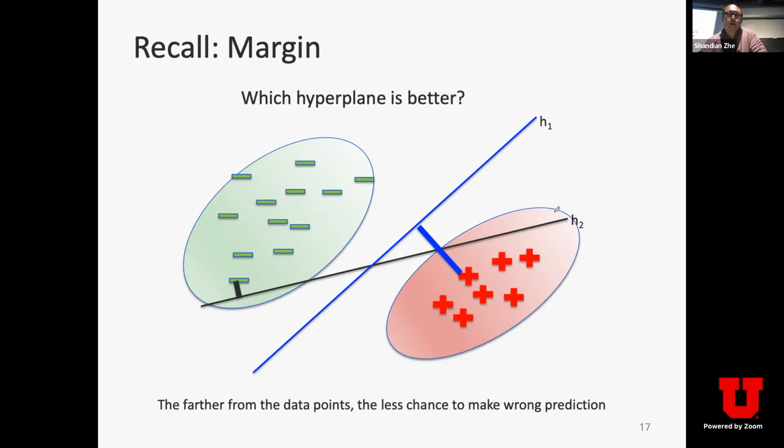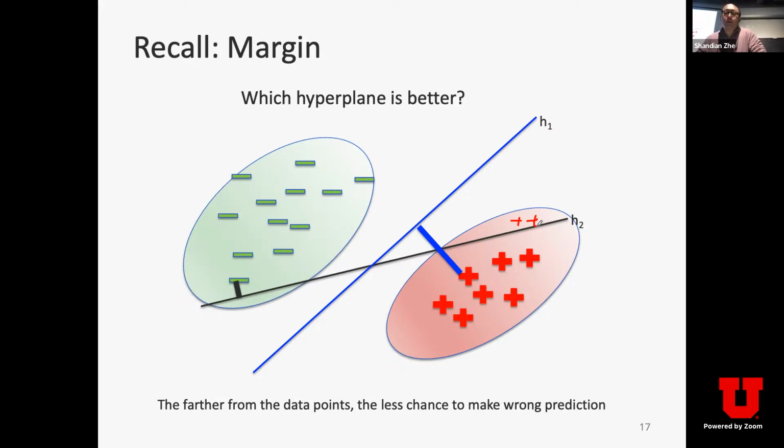By contrast, H2 is much closer. The consequence is that if you get closer to the training points, you have a chance to go through the high density regions for positive examples and for negative examples. That means on the other side of this decision boundary, you have a high chance to meet examples of the same label, and then you have a high chance to make mistakes. That's why using a small margin classifier is bad.